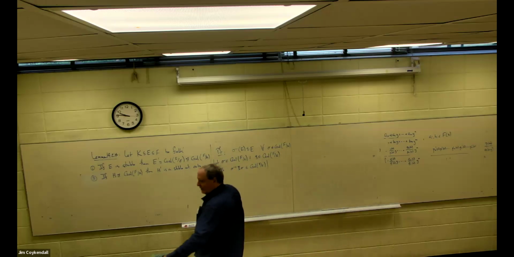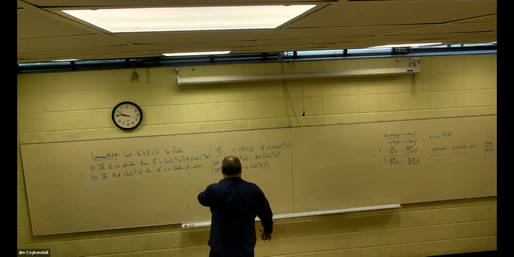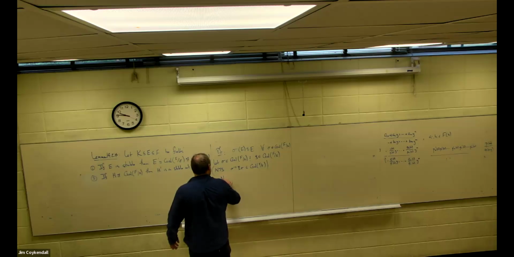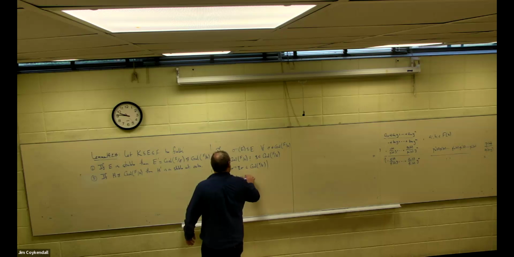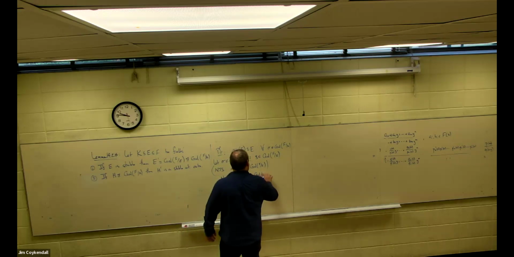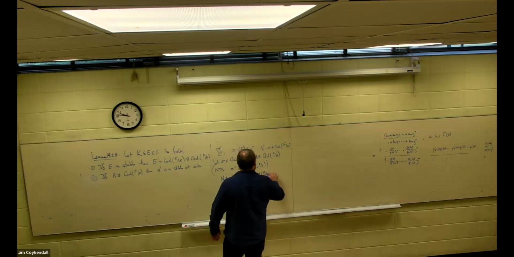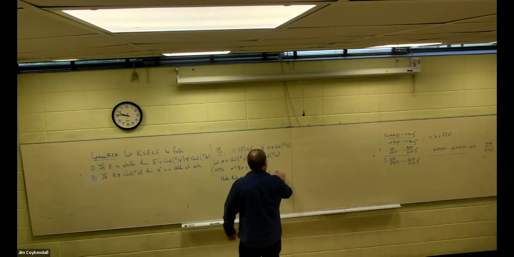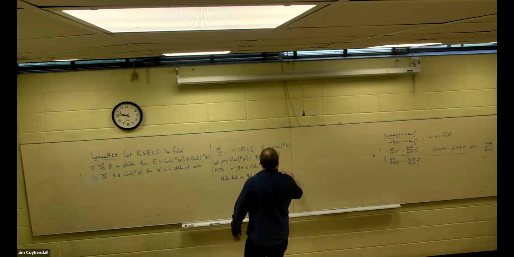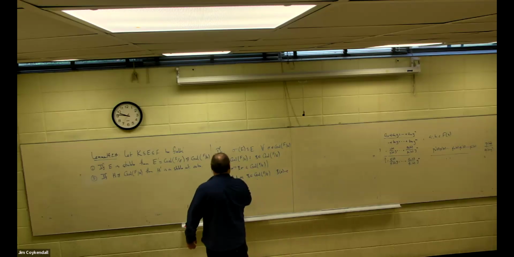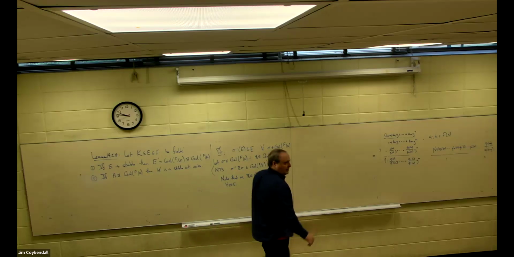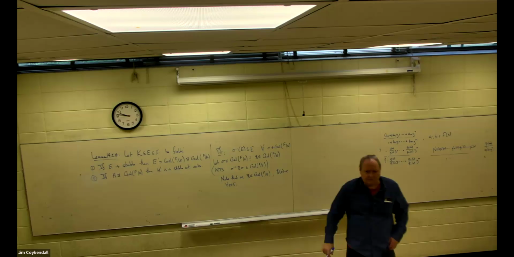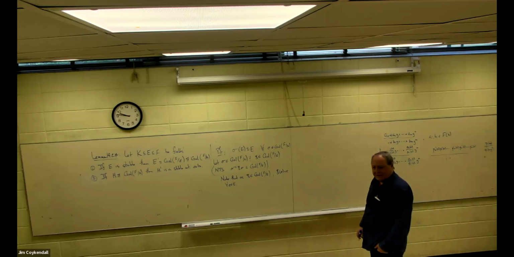Well, notice that as tau is in the Galois group of F over E, tau e equals e for all e in E. Right, it fixes that.